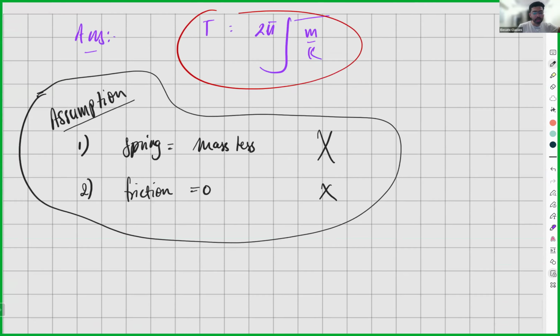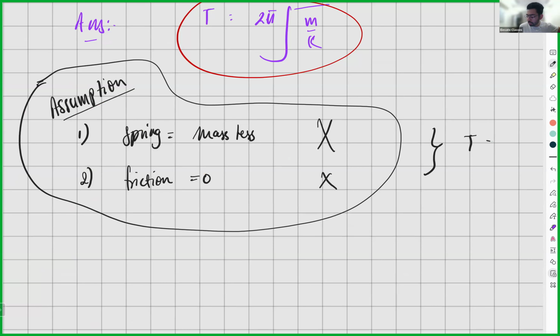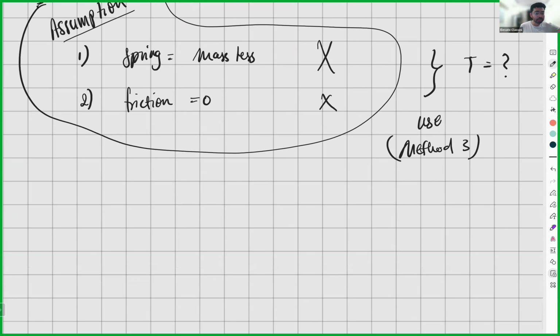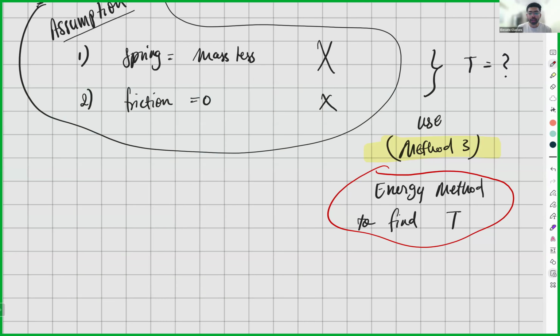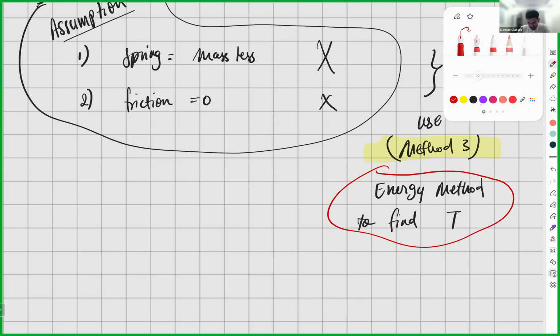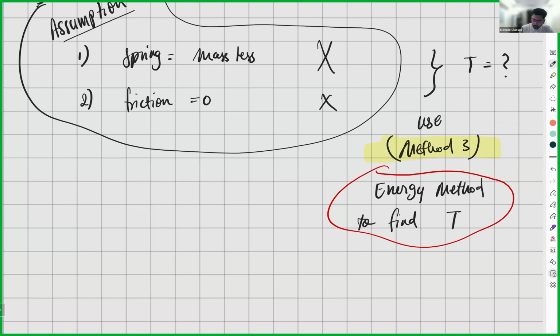So if you have these kinds of cases and you have to find the time period, then you can use method 3, which is the energy method, using total energy to find the time period capital T. So let us deal with these kinds of cases.